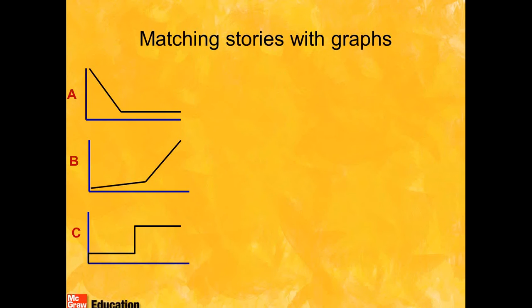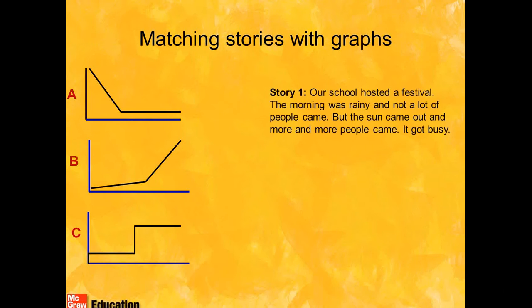And I'd like to suggest that these are great stories for having students work with the opportunity to reason abstractly. Here are 3 graphs that are represented, and I'm going to give you 4 stories. You tell me what graph each story goes with.